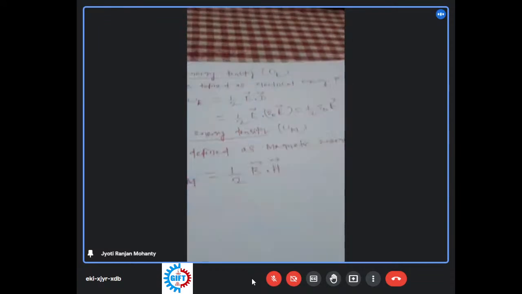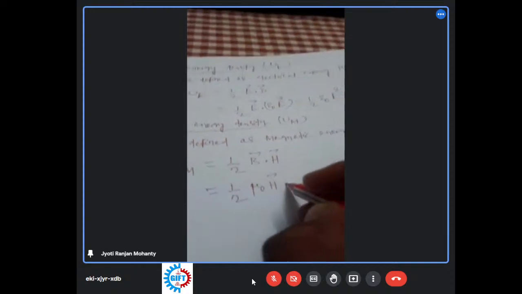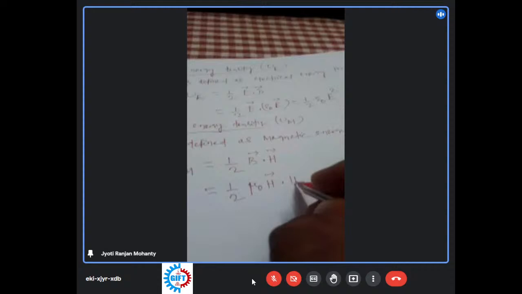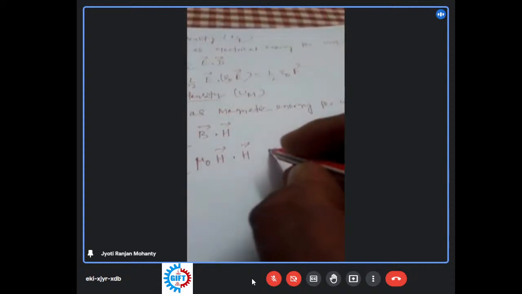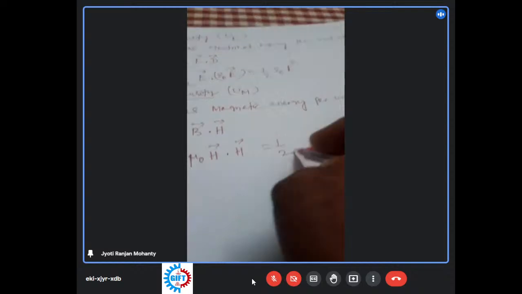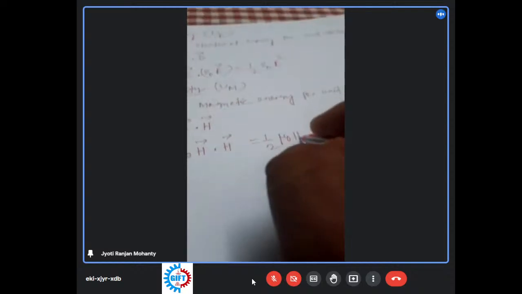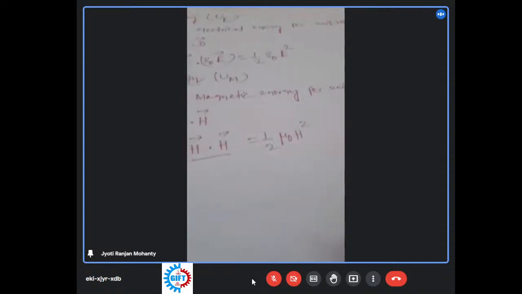So there is a connection between E and D, and between B and H. You know B is equal to mu naught into H. So the answer is equal to 1 by 2 mu naught into H dot H, and H dot H is H square.